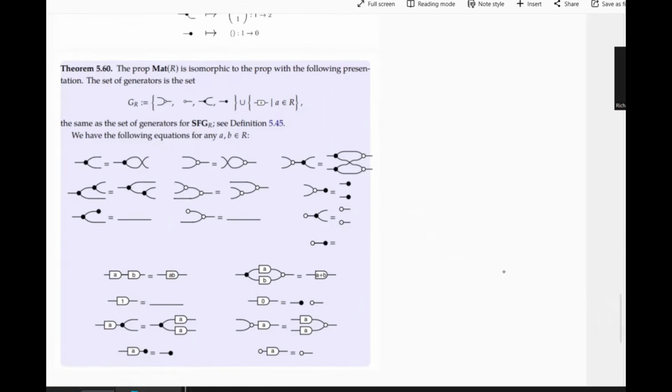And part of it is this theorem 5.60, which basically describes this graphical linear algebra system that we've been talking about. But they have these scalars in there, and I think these can be taken from a more general ring, or maybe even a rig is allowed. But you can have a look at that book; it is very accessible.